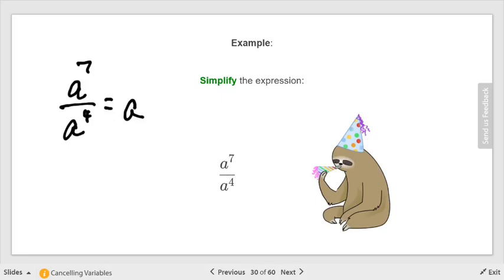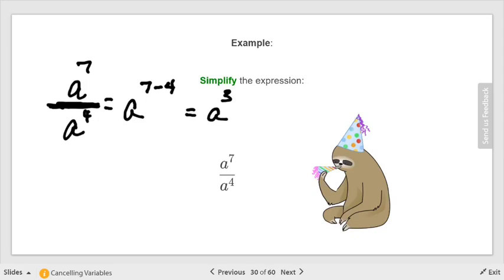Do we add when we divide? No. When you're dividing, you subtract them. It's a to the 7 minus 4, which is a to the third.